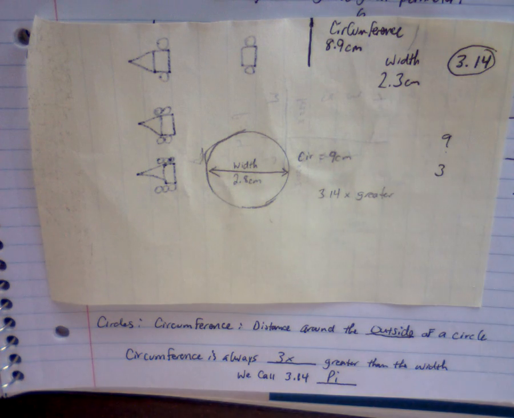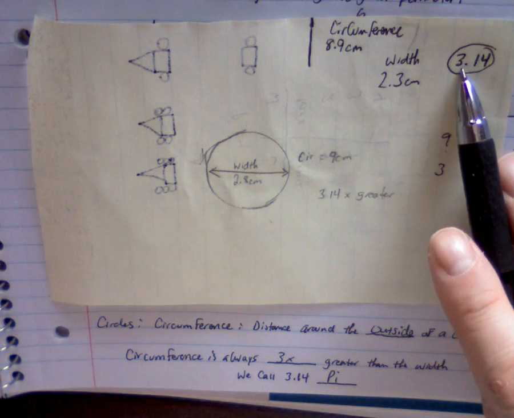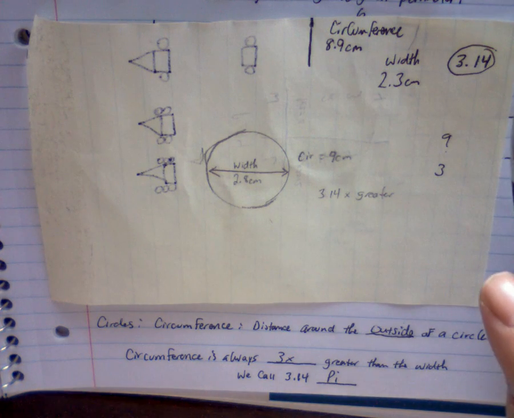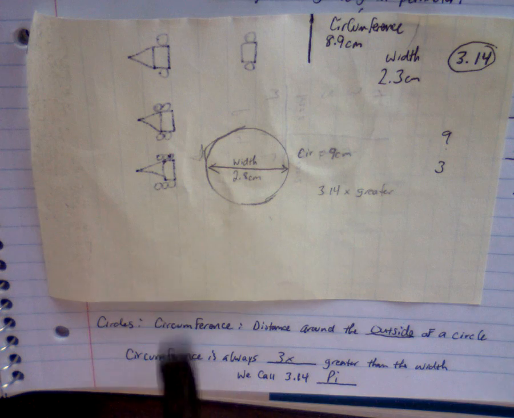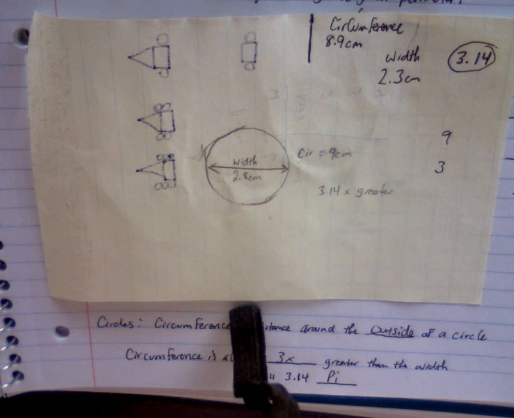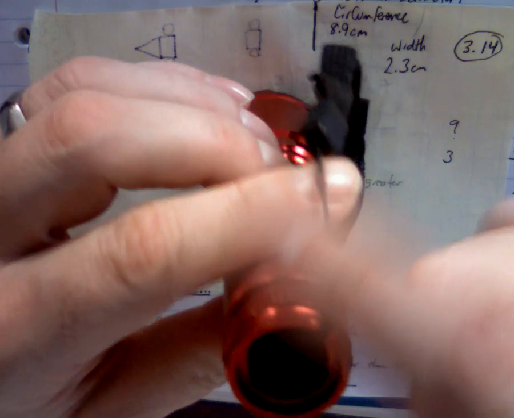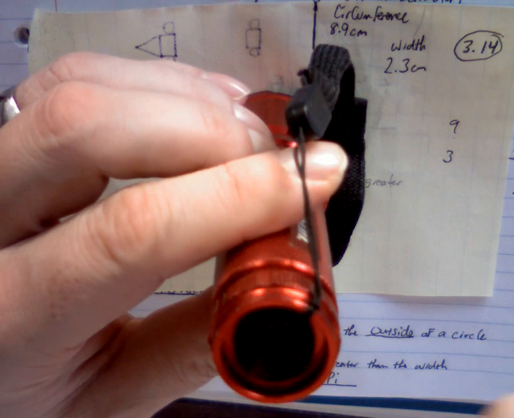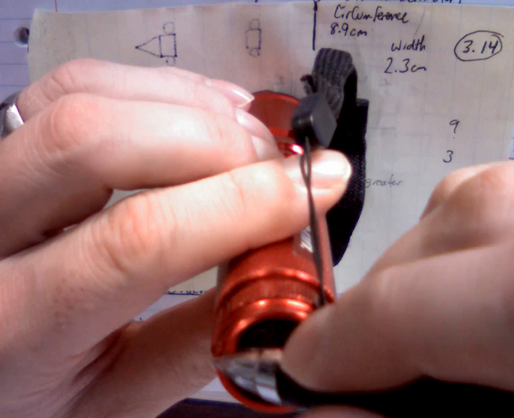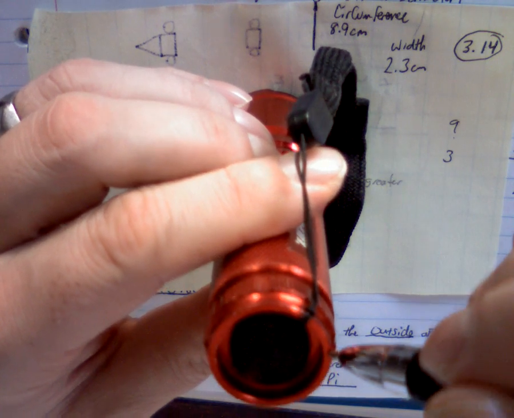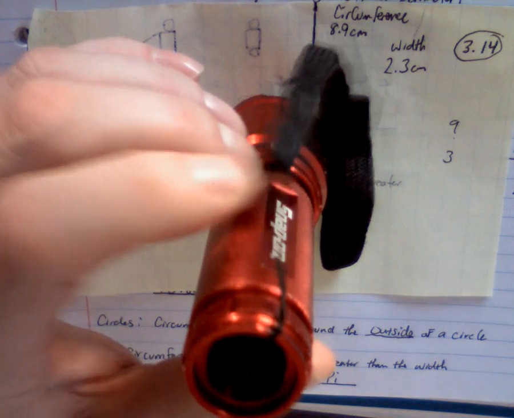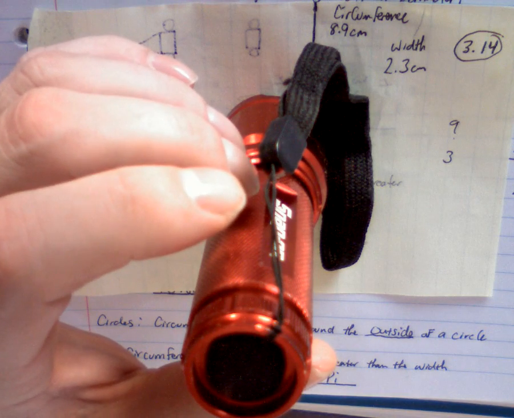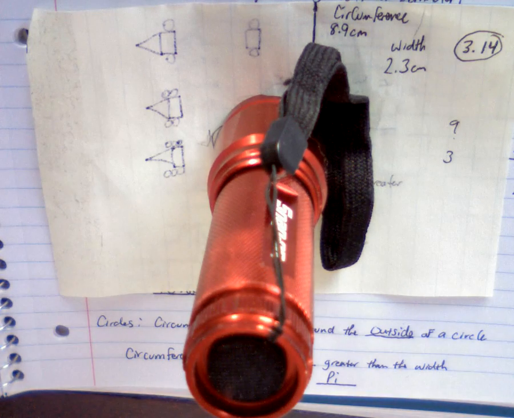So when I divide the two, I should get 3.14, because when you're dealing with circles, you measure the outside edge, so you go all the way around for circumference, but for the width you just go across the circle like this. So circumference, you go all the way around, and for width you're just going from here to here. Okay, and that difference is 3.14, and that's what we call pi.